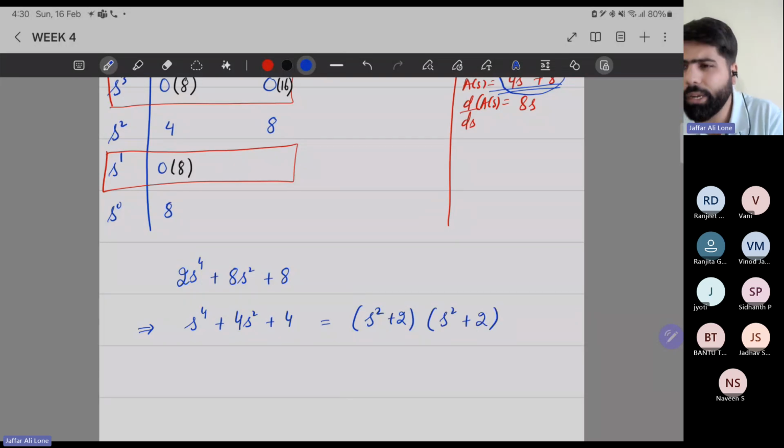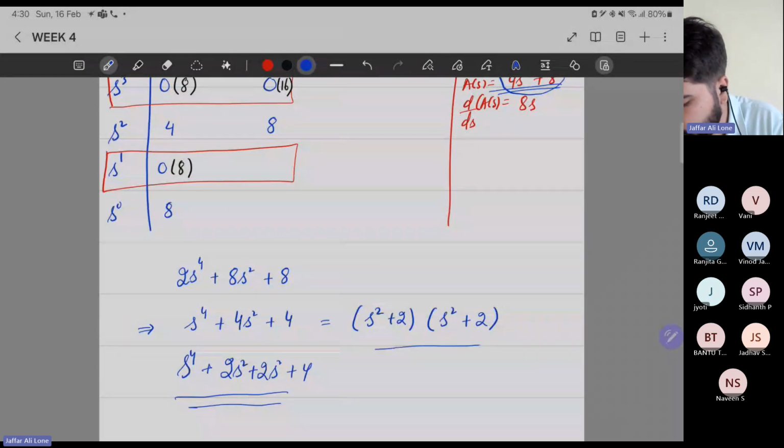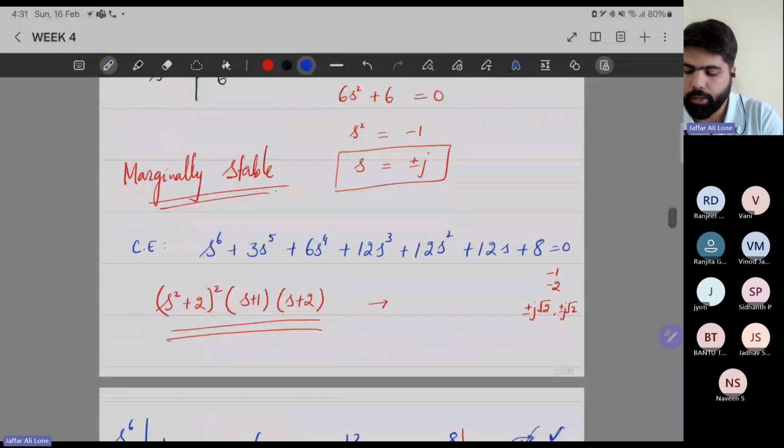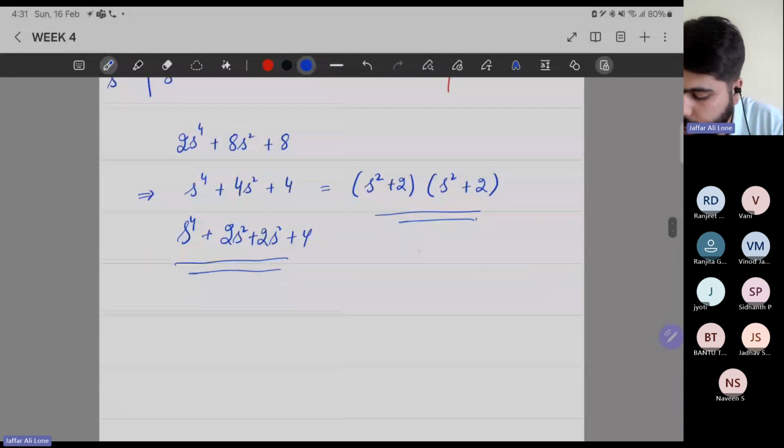It's very easy. How did I do that? I write it like this: s4 plus 2s square plus 2s square plus 4. Then I take s square common. So I'll directly get this. Correct? So this is what I had written earlier. Right? So from here, when you solve it, you can easily find my s1, 2, 3, and 4.